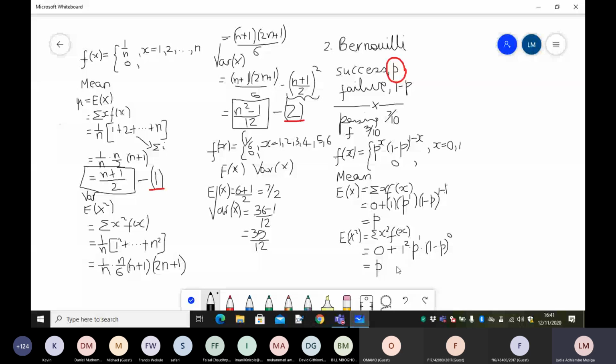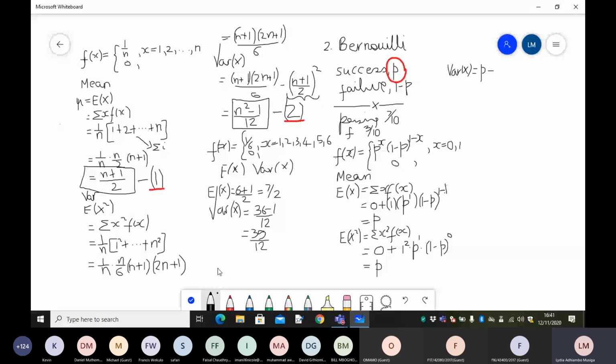okay, expectation of x squared is equal to p. Now, so what is var x? We know var x is expectation of x squared. Okay, let me write that first. Var x is equal to expectation of x squared, which we have found to be p, minus expectation of x.